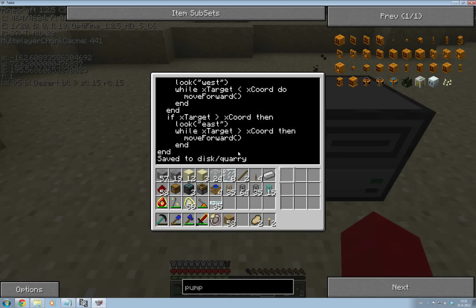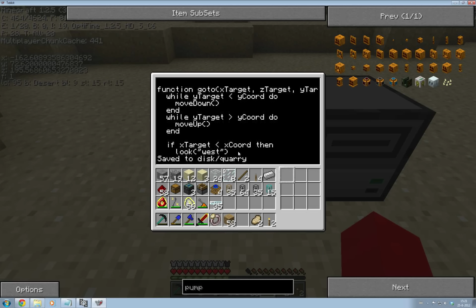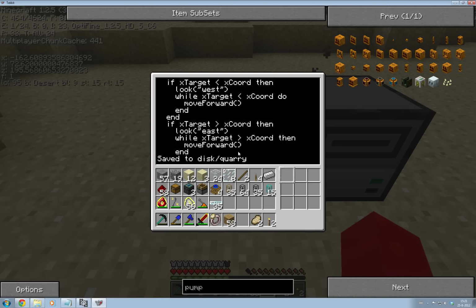Right, so that's our x coordinate fixed. So we've got a y coordinate, going to the correct y first, then we'll be going to the correct x, so I'll have that sorted.